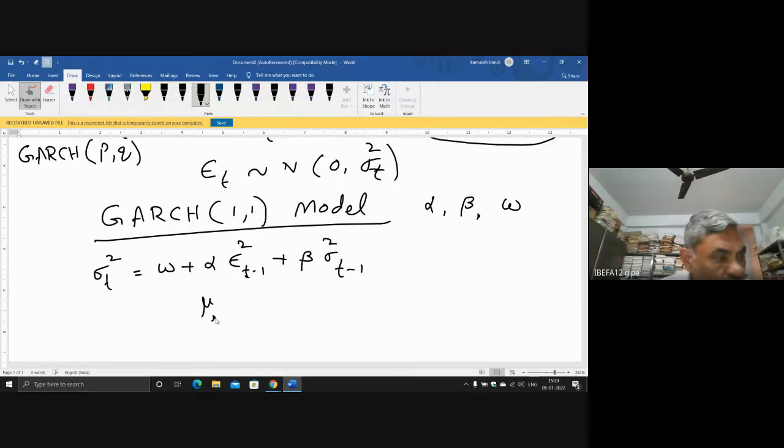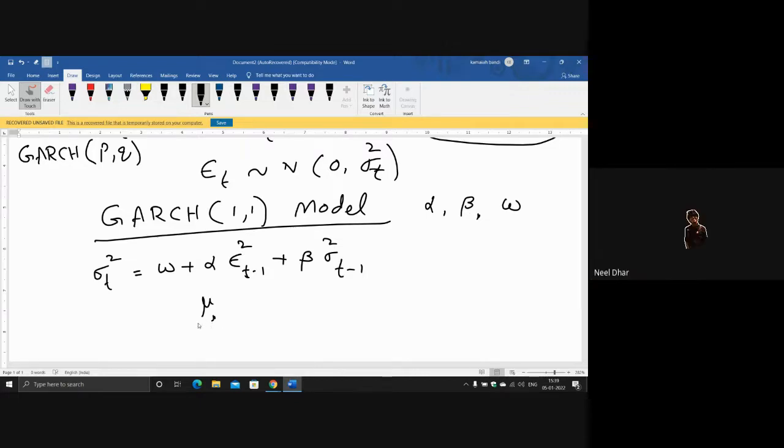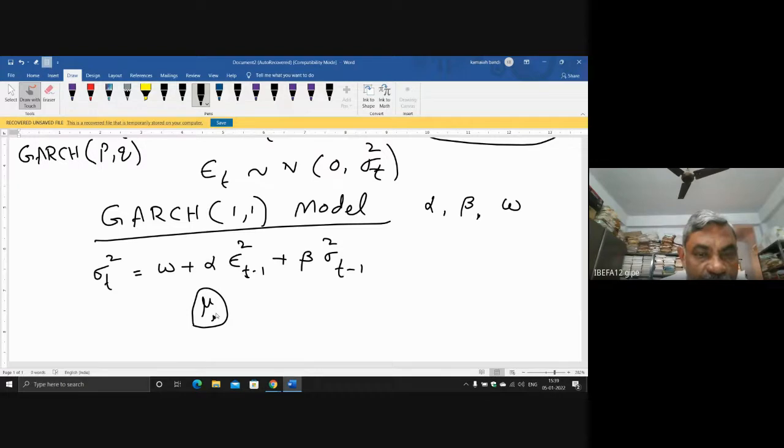What is mu? The mean. Conditional mean. Okay, conditional mean. It is expected to be small. Of course, when you say small, it could be arbitrarily small.